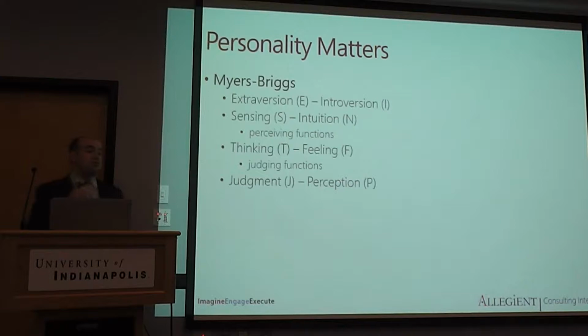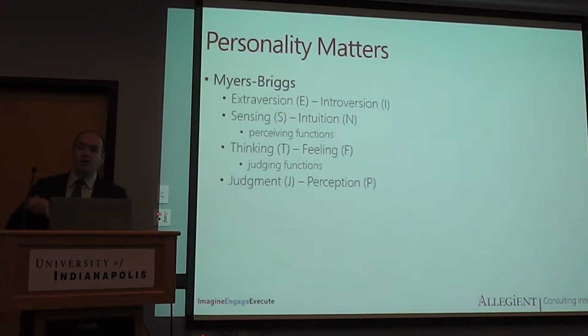The next is your judging function. It's how do you actually project out to people and judge situations around you? Is that through, again, thinking or feeling? Thinking is more data-oriented. Feeling is, my gut tells me this. The fourth one is actually a take on how people will see you. How do you present yourself? If you're a J for judgment, then you present yourself based on your judging function, whether you're thinking or feeling.